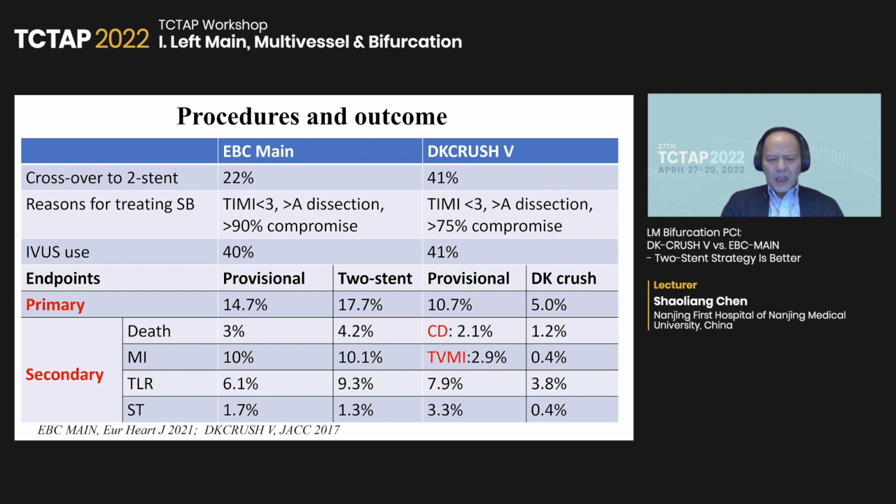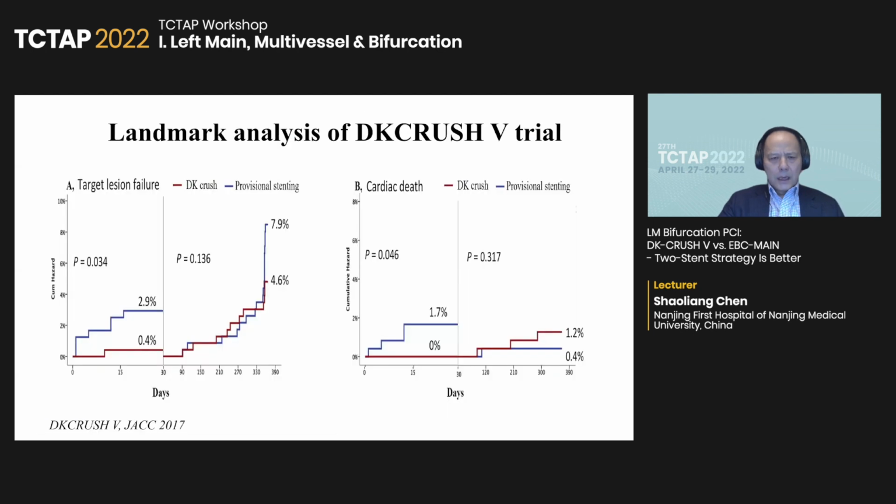So even though the absolute number seemed a little bit high in DK-5, we have to remember that almost 32% of lesions are complex bifurcations in DK-5. So I think the 1-year TLR rate, 7.9% from DK-5, was very similar to 6.1%.